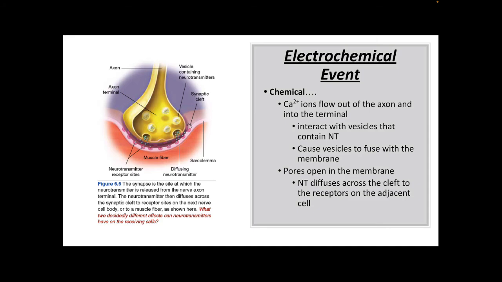But when you have a reaction occurring at the synapse, it relies on chemicals because you're releasing neurotransmitters. So communication between neurons is called electrical chemical: electro from the action potential, and chemical from the release of neurotransmitters at the synapse.